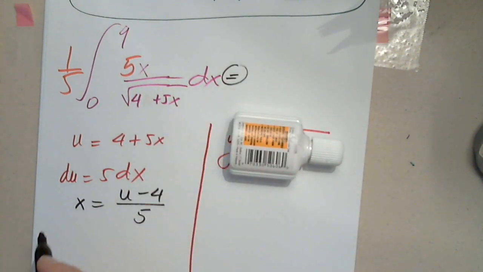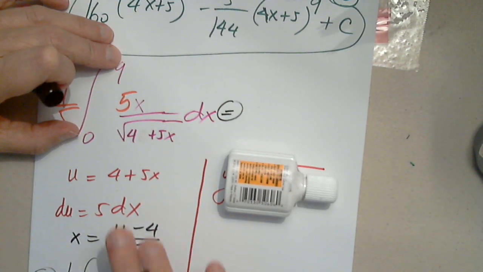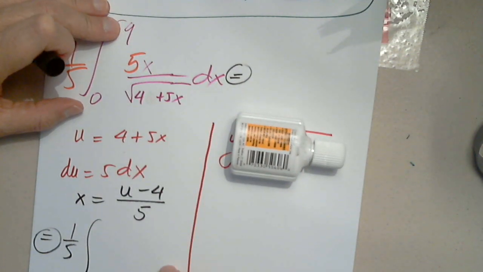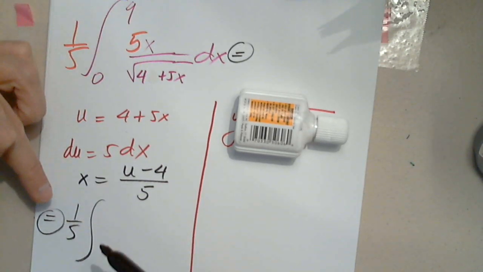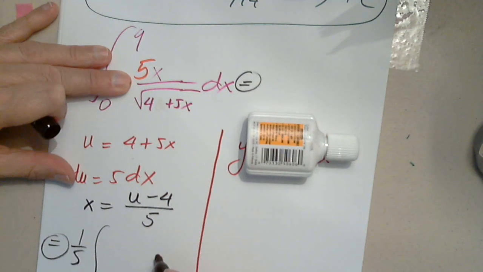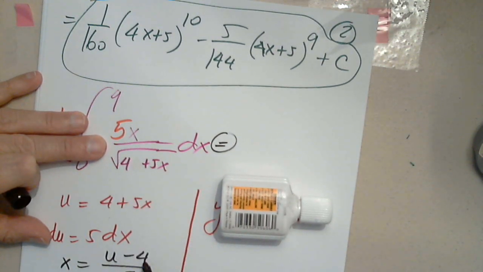So the whole integral becomes 1/5. Do not copy the limits of integration, because these limits correspond to x. The limits here will correspond to u, so we're not ready yet. So 5 dx is du. The numerator is (u minus 4) over 5.